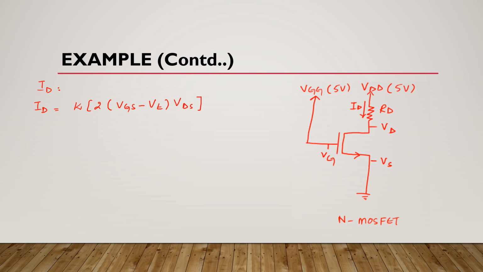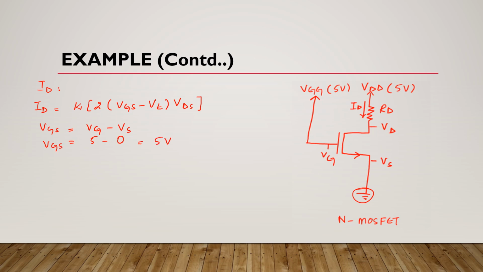Okay, now what is the value of VGS here? We know that VGS is equal to VG minus VS. Here the gate voltage is 5 and VS is 0, because as you can see, the source terminal is grounded. It means the value of VGS is 5 volts.